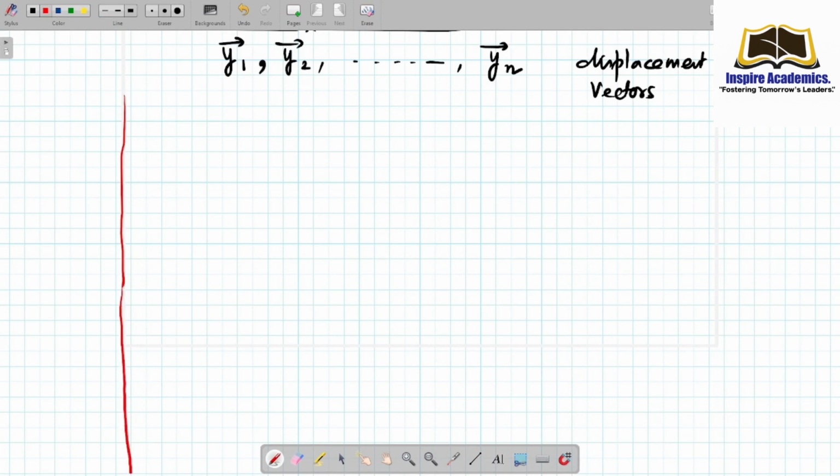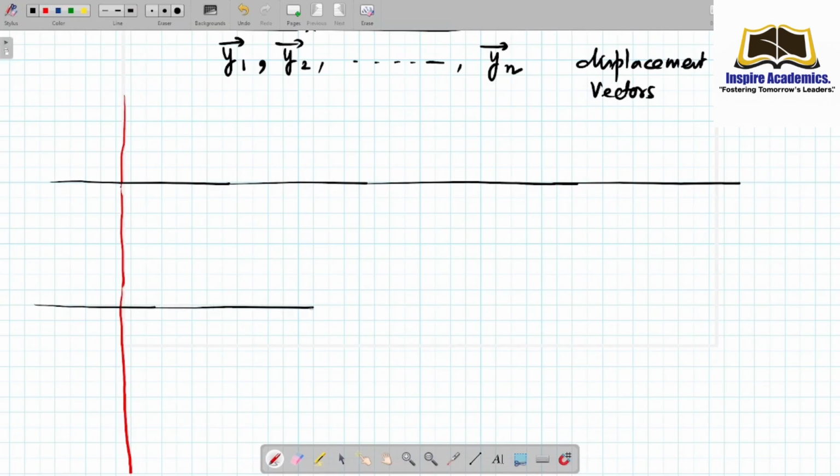All right, and we draw one horizontal line, and then let us draw yet another horizontal line, and one more line.